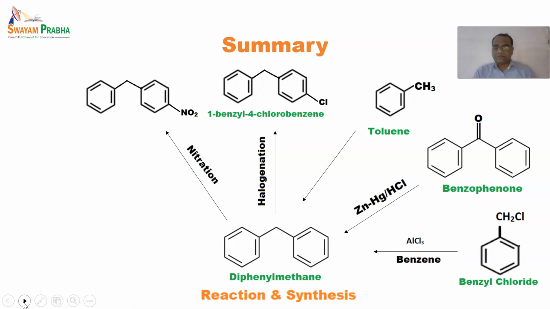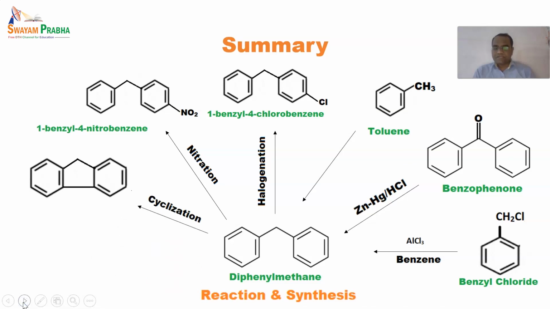After nitration it forms a nitro derivative, at the fourth position only. After that, cyclization gives a cyclic product, and after oxidation it gives benzophenone. So by reduction of benzophenone we get diphenylmethane, and from oxidation of diphenylmethane we again get the same product, benzophenone.